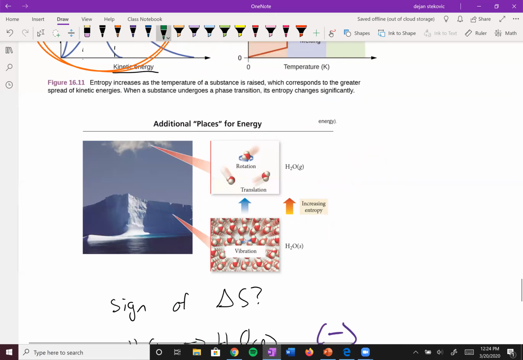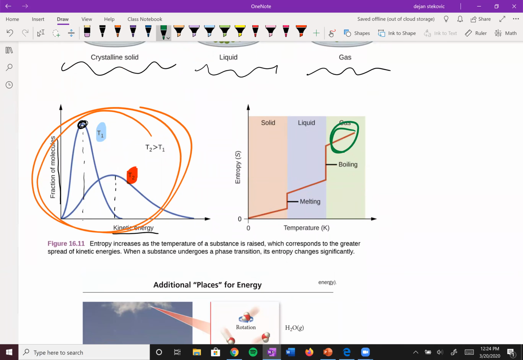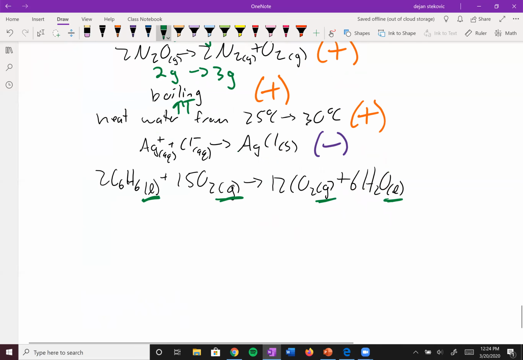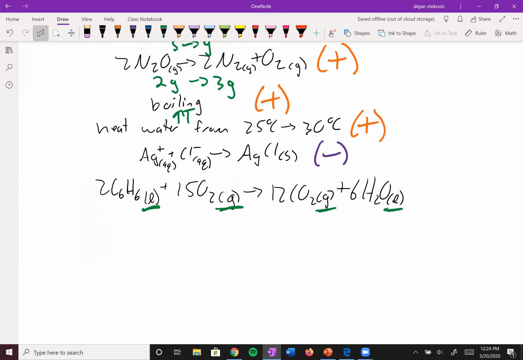If we think about what has more entropy, a gas has significantly more entropy than a liquid. So what you want to pay attention to here is the amount of gas molecules you have. Overall you have 17 things turning into 18 things.